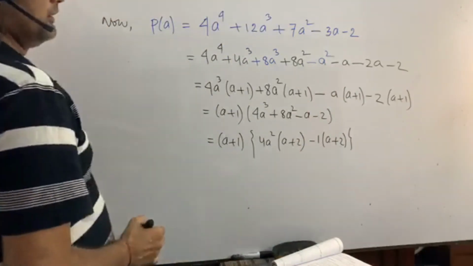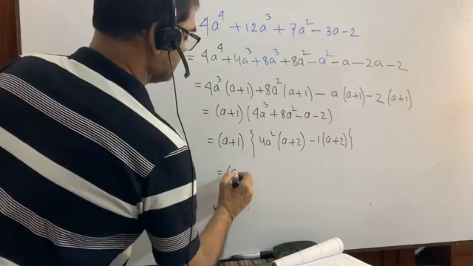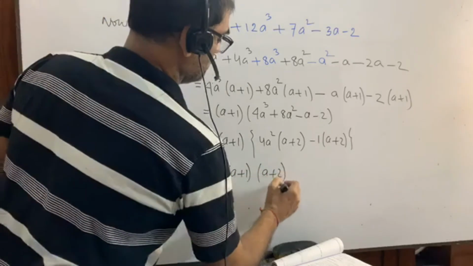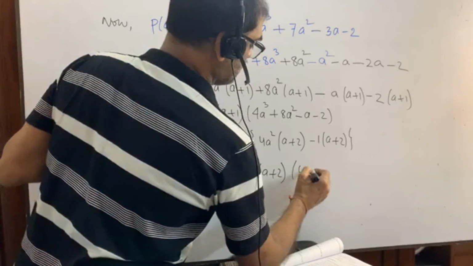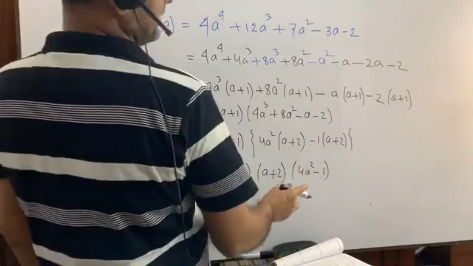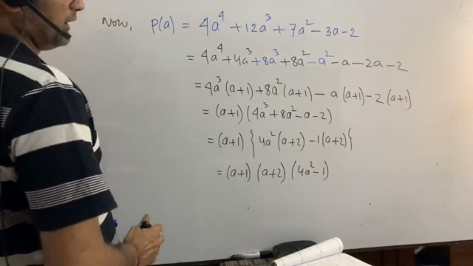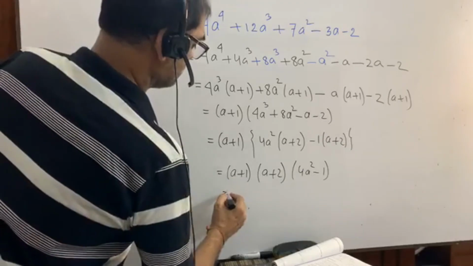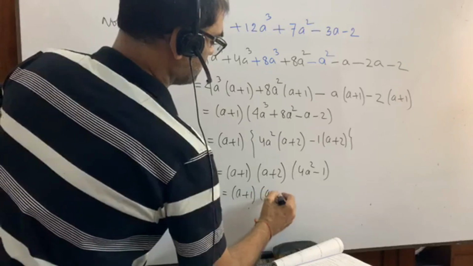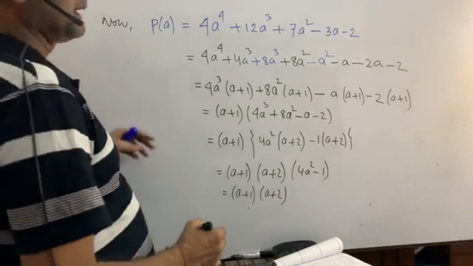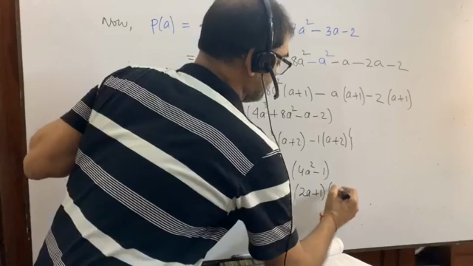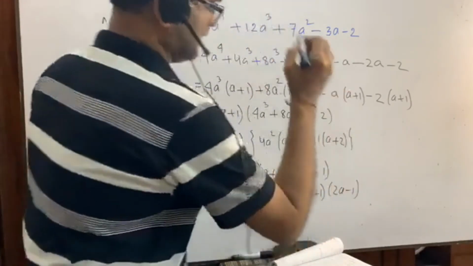That means here we are getting a plus 1 into a plus 2 into 4a square minus 1. Okay, this is another formula of a square minus b square, that means 2a plus 1 and 2a minus 1. So our math is done.